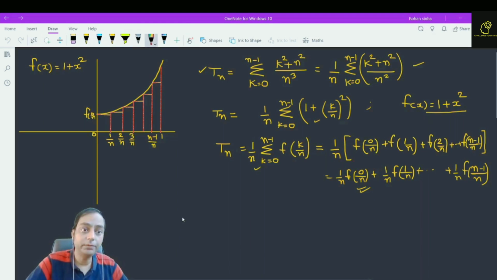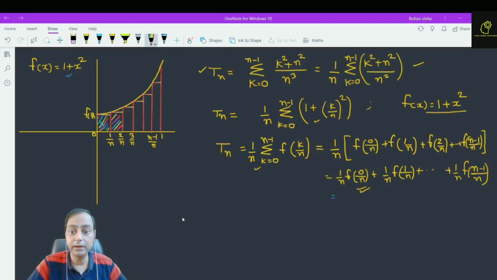This is the graph of f(x) equal to 1 plus x square here. What about this area? f(0) into 1 by n, this is this area. And what about this area? Say this area is a1 dash, and this is a2 dash.